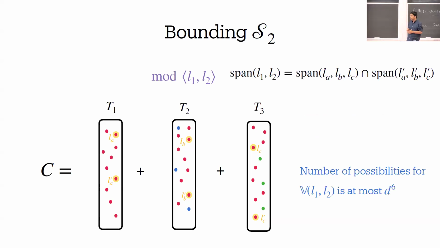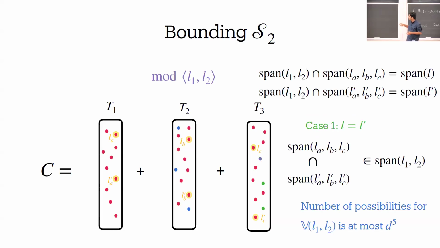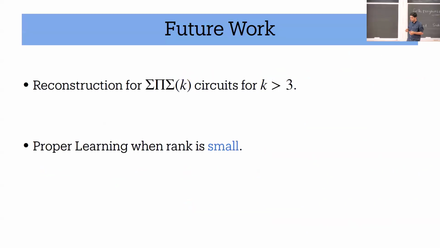In the case where it's not 3-dimensional spaces, you restrict the circuit similarly. Overall, for all the S2 cases, you can show that you have only poly D many such possibilities for these spaces. And S3 is just an even stronger analysis, but with the same idea.